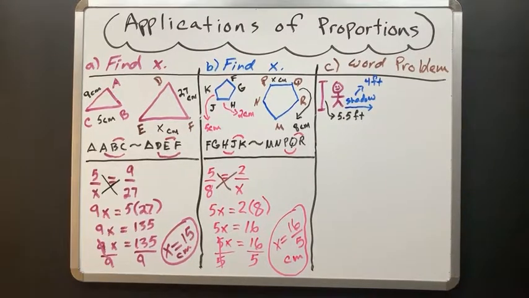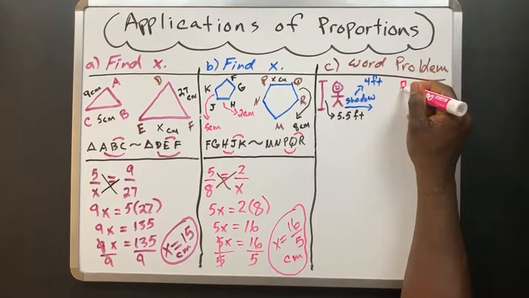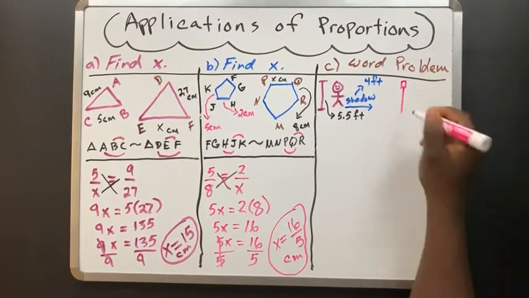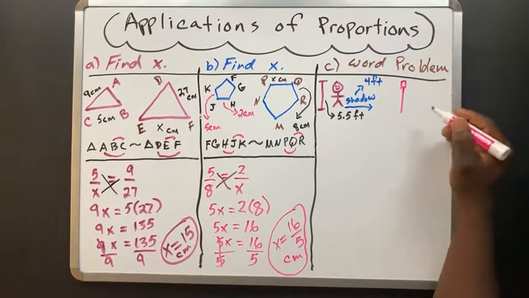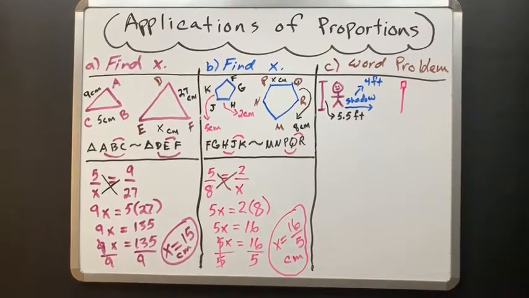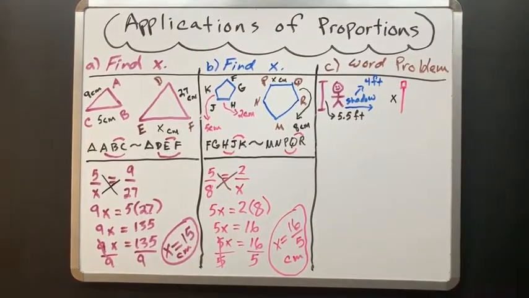Now let's sketch a picture of the pole. So let's just say this is the pole, okay? And the pole has a certain height, and that height is X, okay?